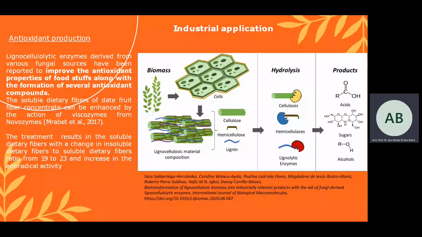For antioxidant production, the lignocellulosic enzymes, which derive from various fungi, are reported to improve the antioxidant properties of foodstuff, along with the formation of several antioxidant compounds. So they improve the antioxidant properties.